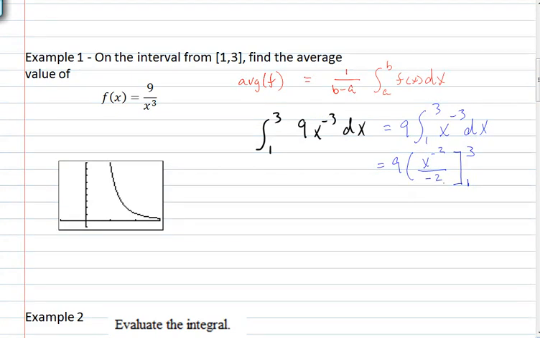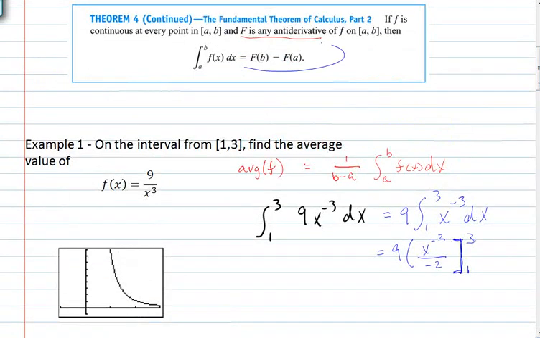Okay, here we go. So, according to the fundamental theorem of calculus, by the way, once you find the antiderivative, notice I put a bracket here. My lower bound is here, my upper bound is here. That means I need to evaluate this by applying the fundamental theorem of calculus. We're going to find F of b minus F of a. So this is going to be 9 times our antiderivative evaluated at b.